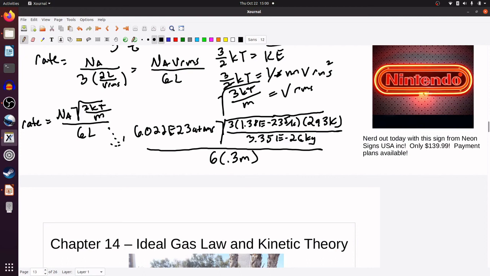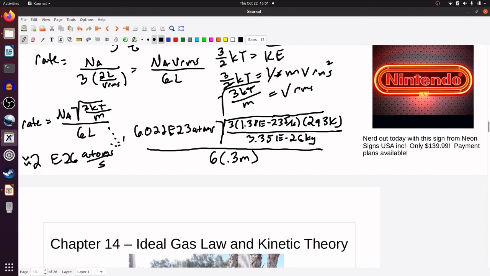And now I'm going to divide that by 6 times 0.3, or rather just 1.8. And let's just round it, we get around 2 times 10 to 26 atoms per unit of time, and that's a second.